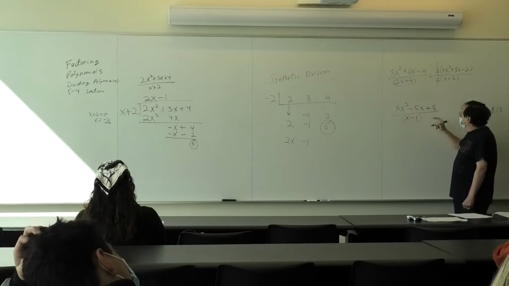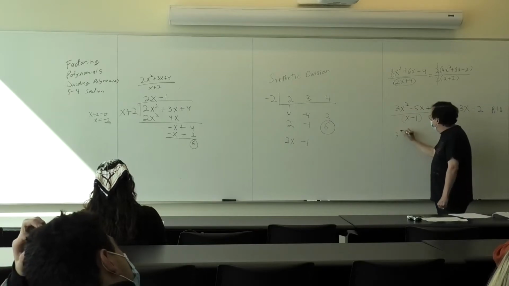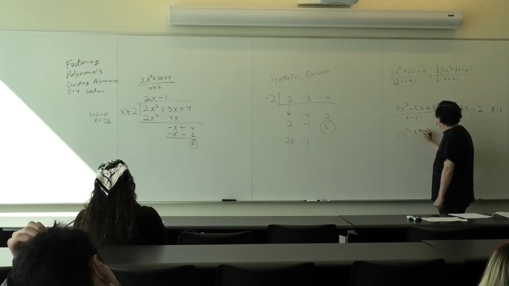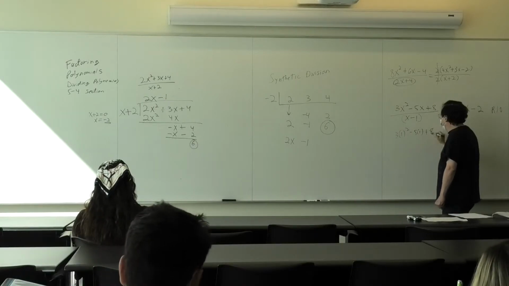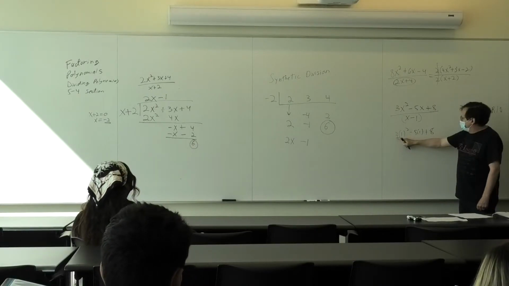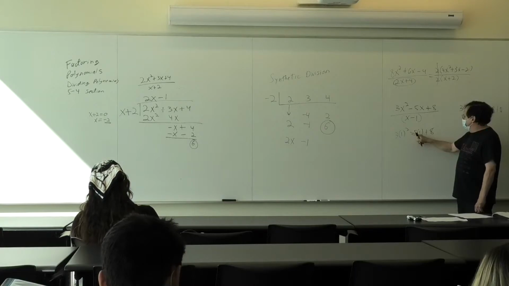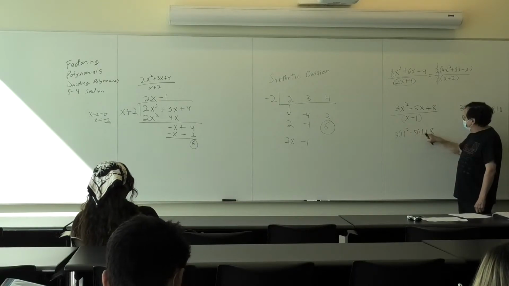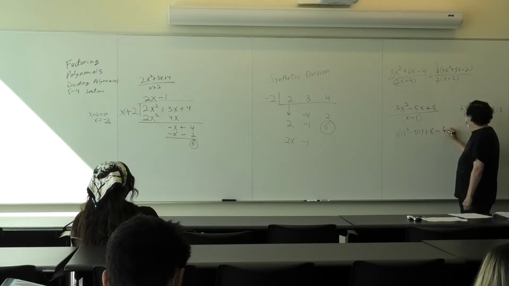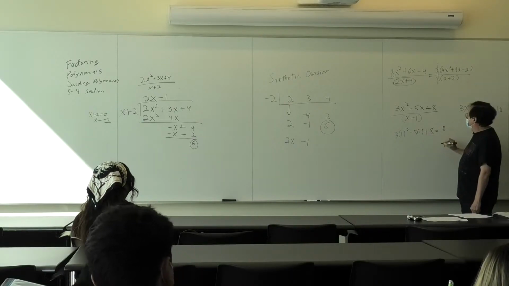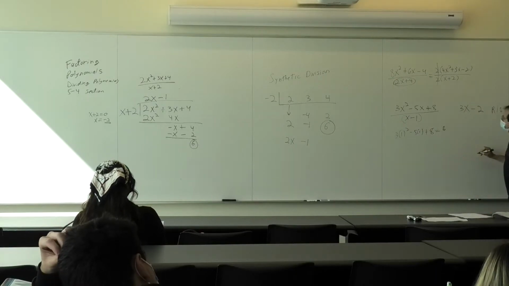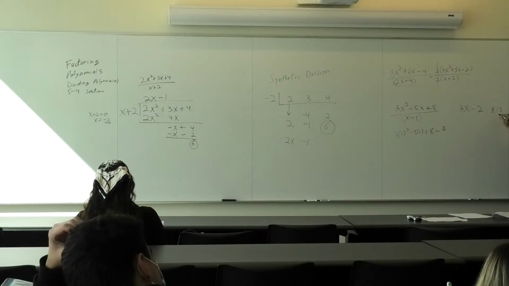I plug it in: 3 times 1 squared minus 5 times 1 plus 8. So that's 3 minus 5 is minus 2, plus 8 is 6. I should have gotten 6.